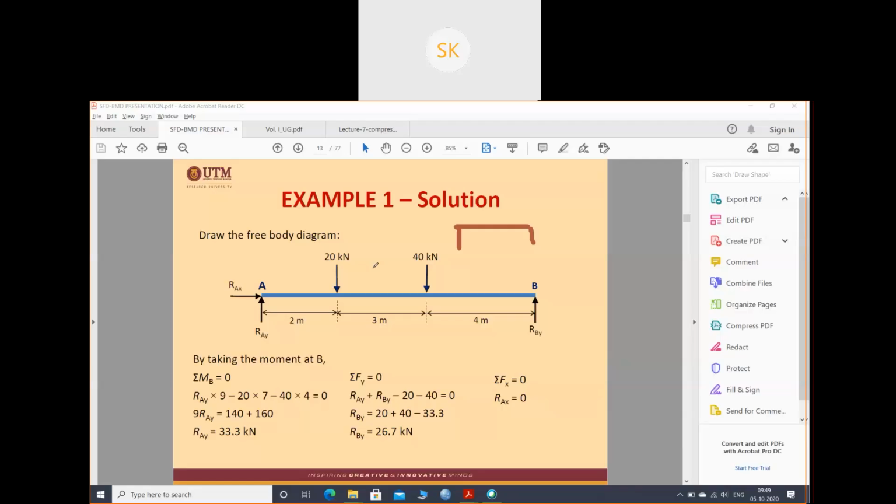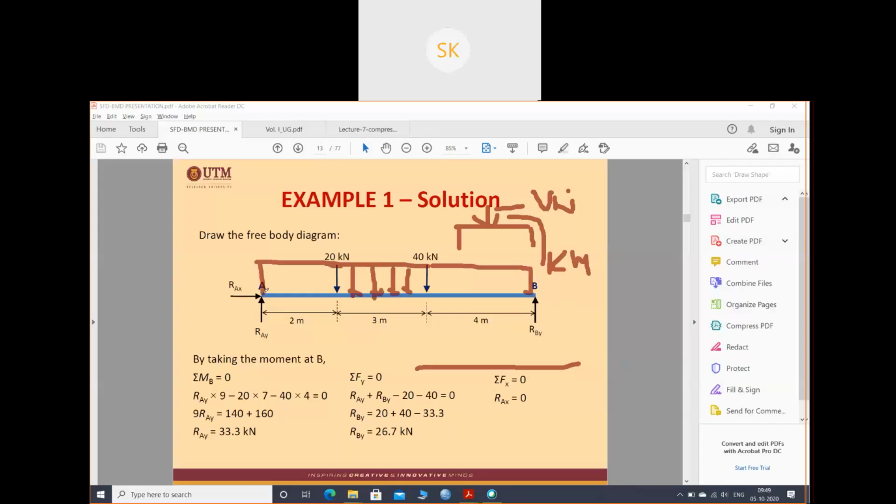If I give you a load like this, forget about this 20. If I give you a load along the section of the beam, this load will be considered as a UDL, that means uniformly distributed load.